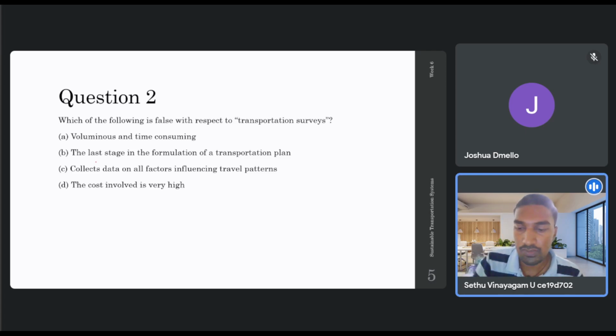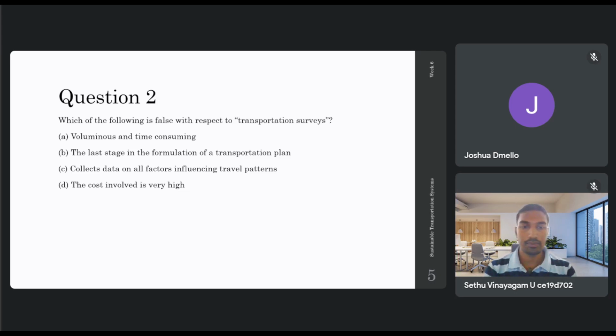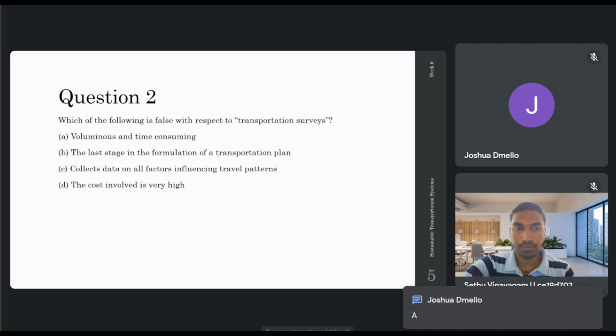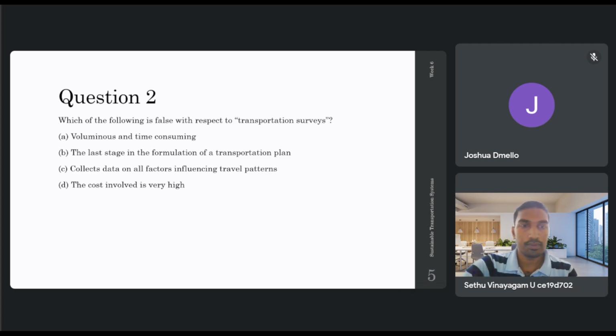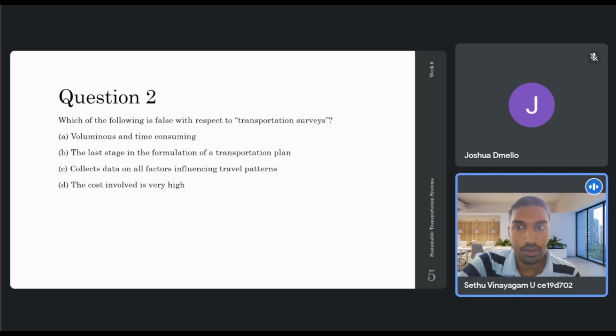And option D, the cost involved is very high. Okay, so we have one vote for option A, voluminous and time consuming.